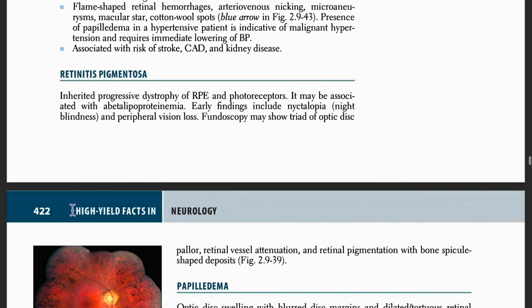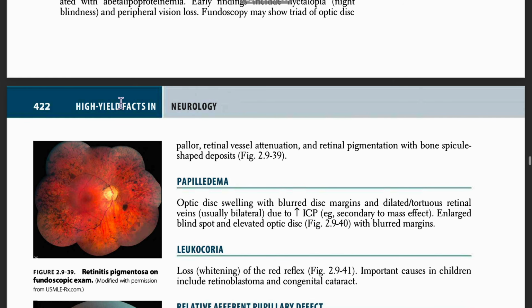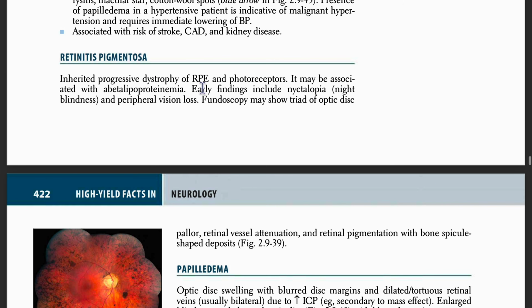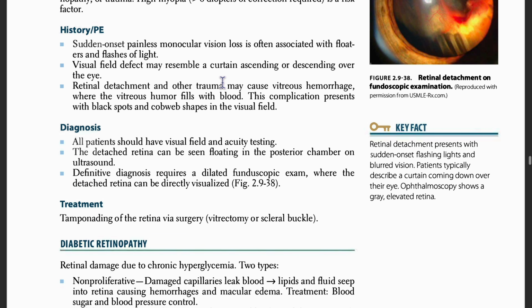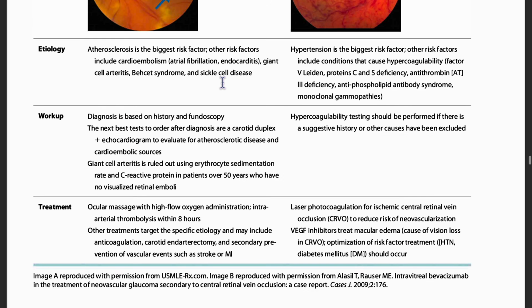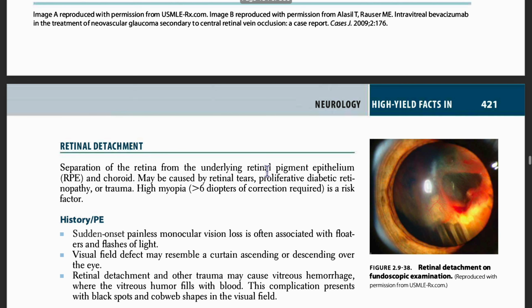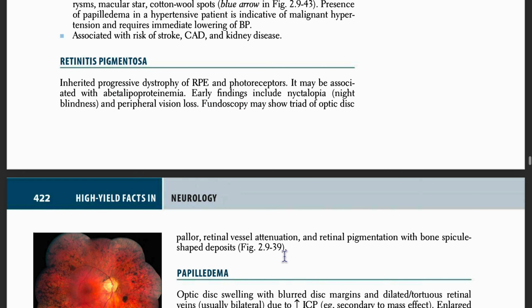Retinitis pigmentosa, inherited progressive dystrophy of retinitis pigmentosa, or RPE. What was RPE again? Right here. Retinal pigment epithelium. Okay. So, inherited progressive dystrophy of retinal pigment epithelium and photoreceptors. It may be associated with abetalipoproteinemia.